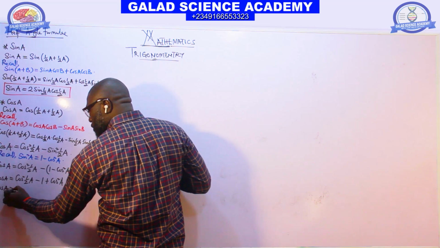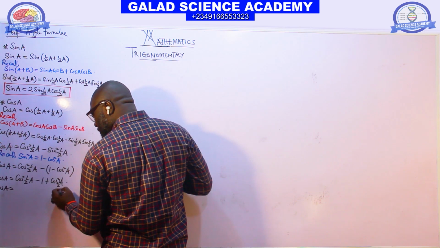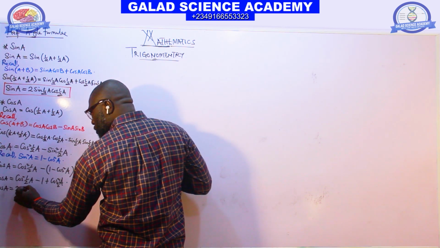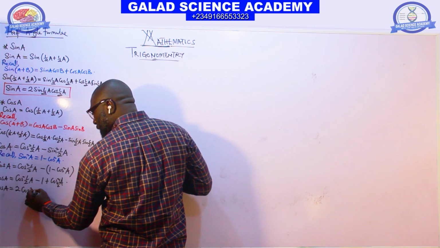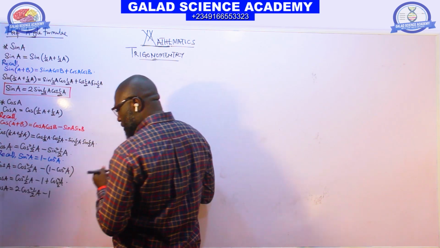You now have cos A equal to, add this together, half angle of A, together it will be 2 cos square half angle of A minus 1.